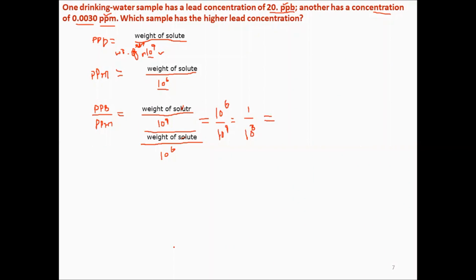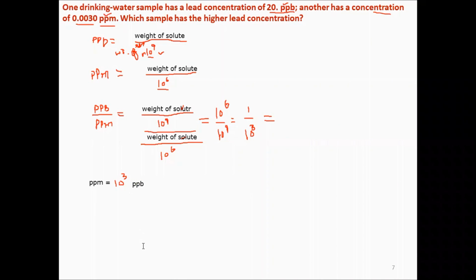From this we can write that ppm is equal to 10 raised to the power 3 times ppb.